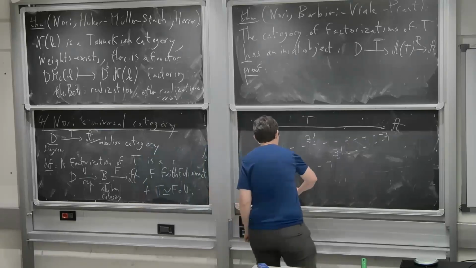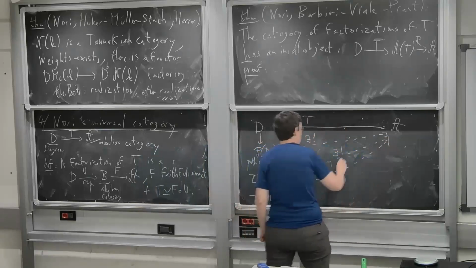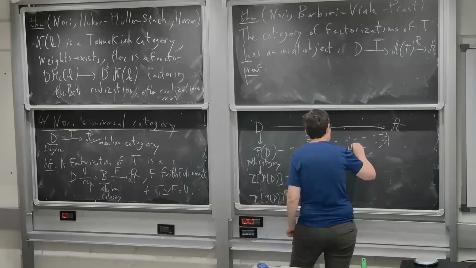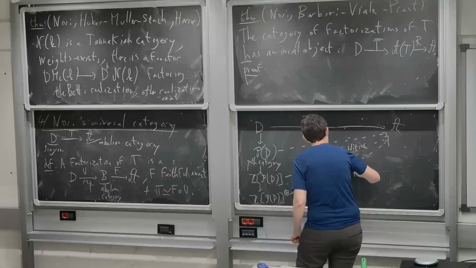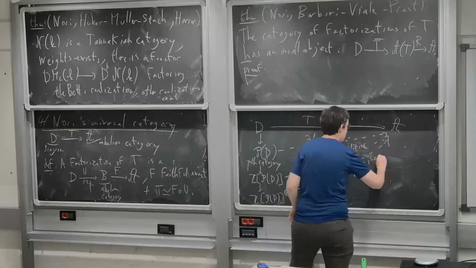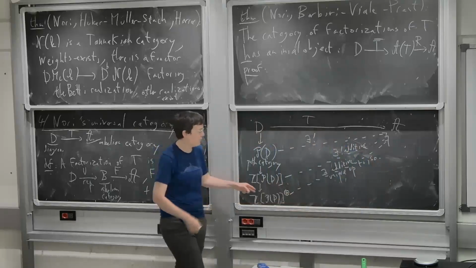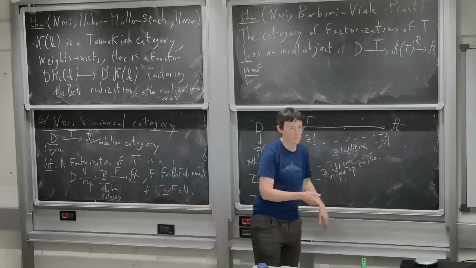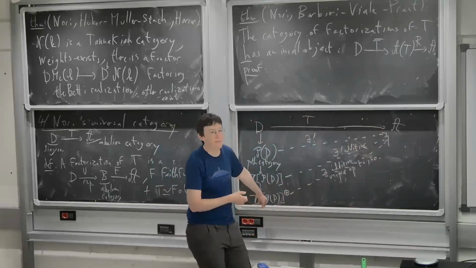Here again, this extends uniquely to an additive functor. Here you start getting into two universal properties. The extension is only unique up to isomorphism because you have to choose direct sums. Maybe I will ignore these problems. Okay, so this is an additive category.